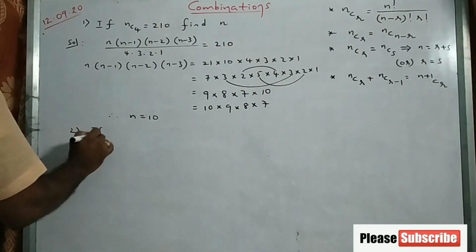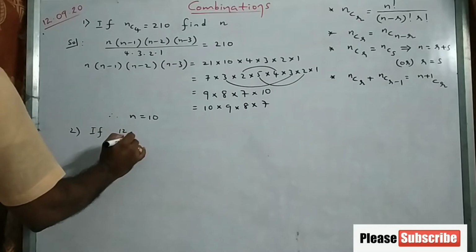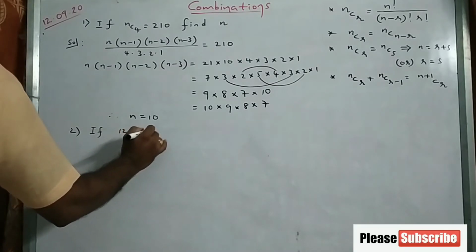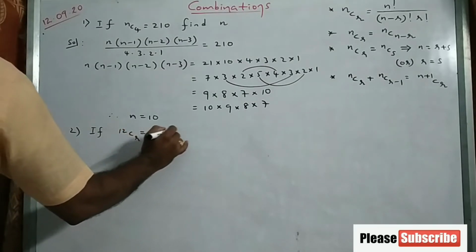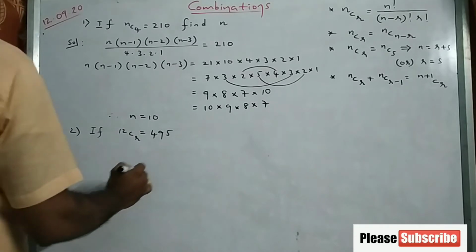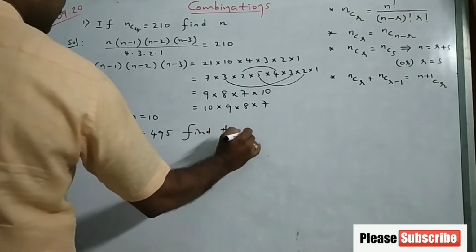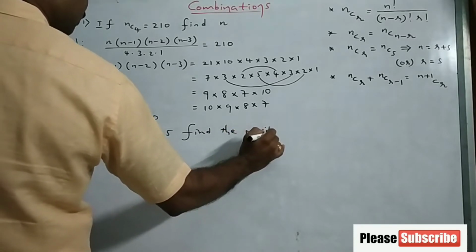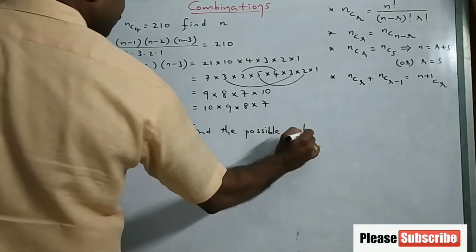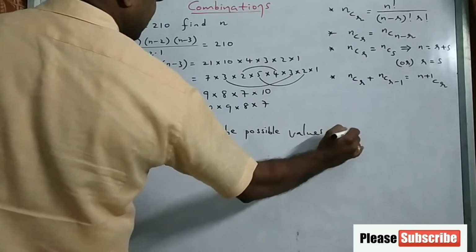Second one. If 12Cr is equal to 495, find the possible values of r.